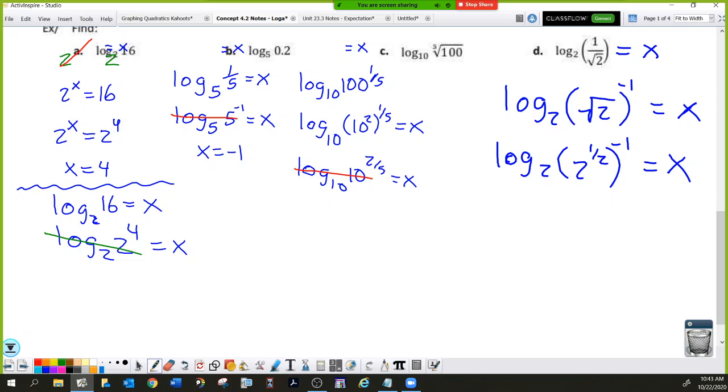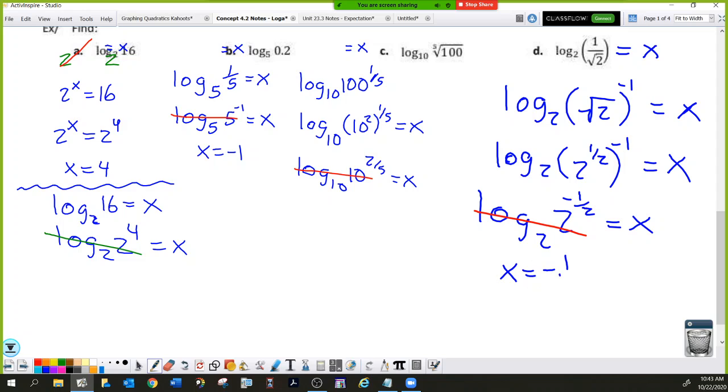And just like the last question, when you raise a power to a power, you multiply those exponents. So you're left with log base 2 of 2 to the -1/2 equals our unknown value, and our log base 2 gets to do its job, leaving me with the answer of -1/2.